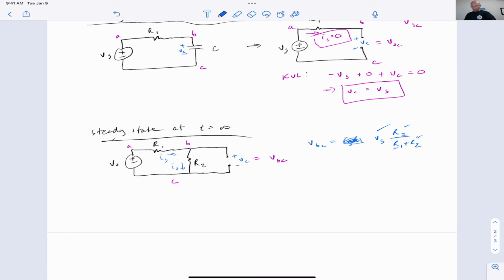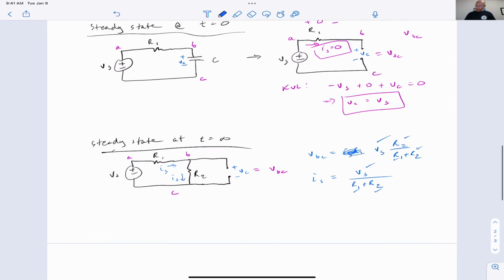So since I didn't specify any numbers, I won't write those out. But we also have enough information to get IS. Right? It's the voltage across the R1-2 series divided by the resistance R1 plus R2. And so we know the voltage source, we know the two resistors, that's enough to get us IS.